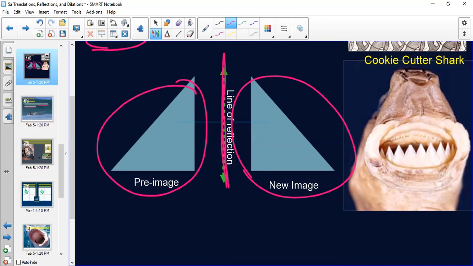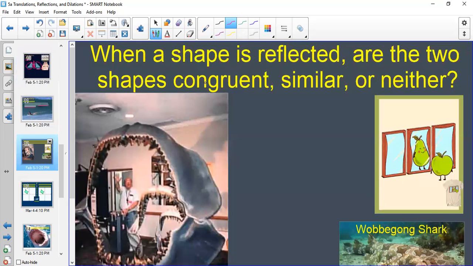So yeah, they're the same shape. Same size, same shape means congruent. Similar means same shape, but different sizes. That's the difference between congruent and similar. Congruent, everything's the same. Similar, same shape, but one's either bigger or smaller.